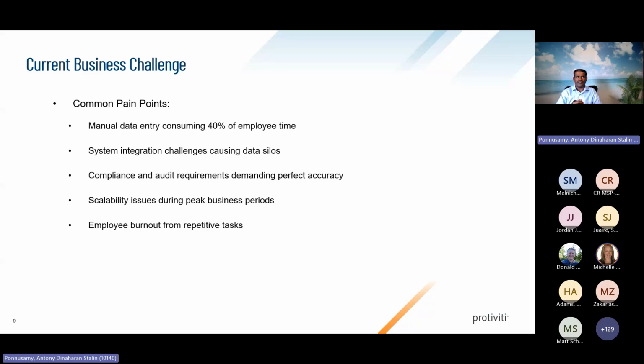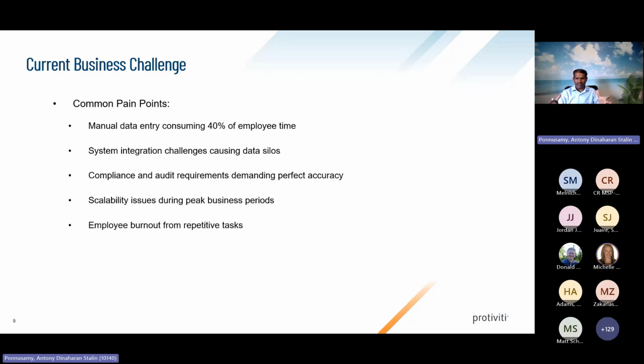The business finds it hard to manage them, right? You also need the data for compliance and auditing, and you need accuracy. The business has pain points here. And sometimes the company or the client may not be able to implement RPA because of peak business periods.